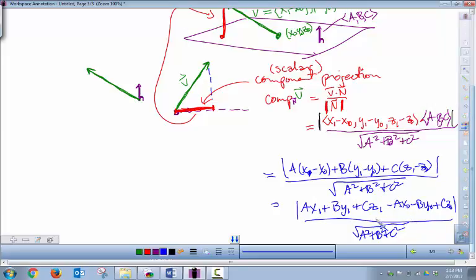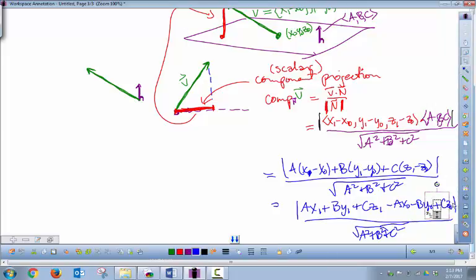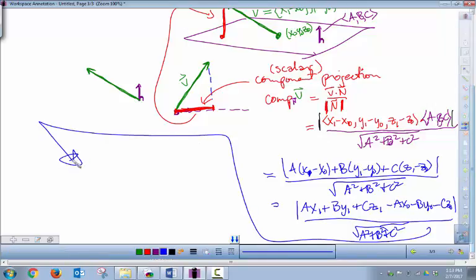Why is there a plus C? Oh, that's because it's a typo. So x1, y1, z1 came from the point, and then x0, y0, z0 is a point on the plane.